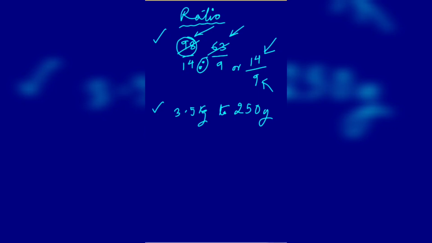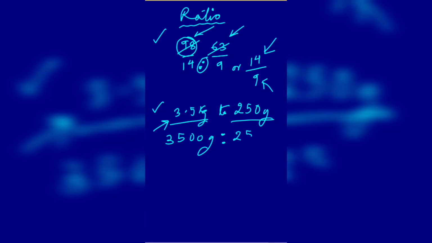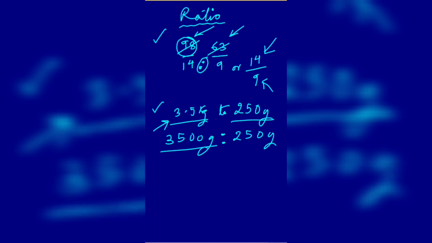Look at this. This is in kg, this is in gram. So let's make it in the same unit. If we multiply this value by 1000, it becomes 3500 gram. And is to, I'm writing for a ratio, 250 gram. Now both of them are in the same unit.